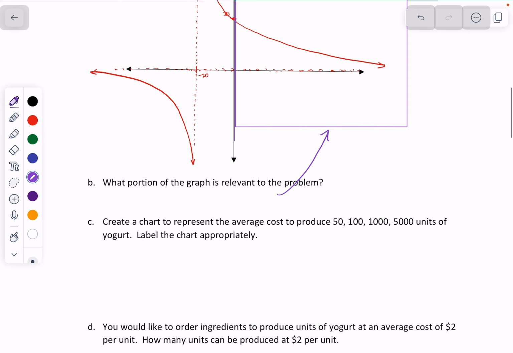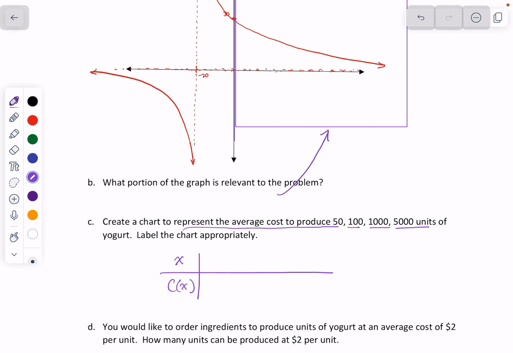Let's also create a chart to represent the average cost to produce 50, 100, 1,000, and 5,000 units of yogurt. So the chart, let's make it look kind of organized here. You can make it vertical if you want. I'm going to do it horizontal here.